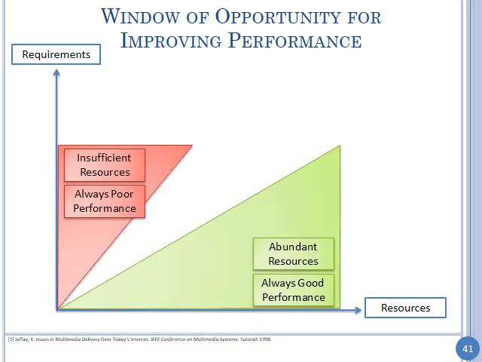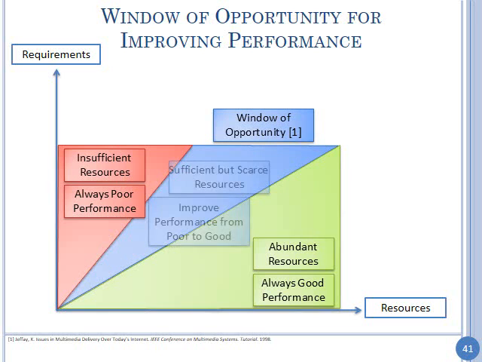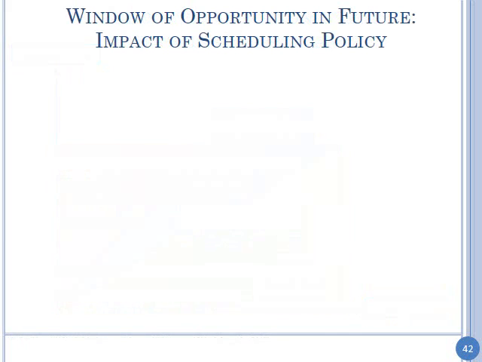When resources are abundant, performance is always good, we're happy. These two cases bracket the case called the window of opportunity, in which resources are sufficient but scarce, and it's possible to improve performance from poor to good. So we're living kind of in this world, and we believe it exists now and it exists in the future.